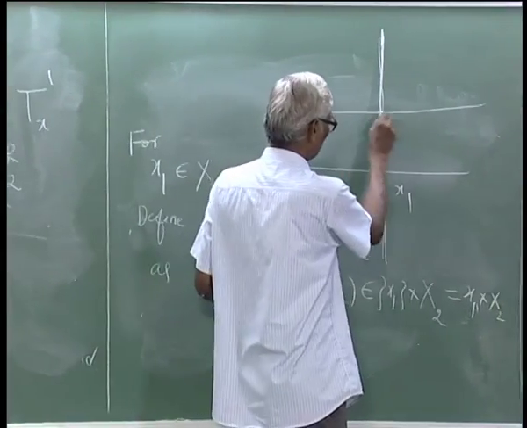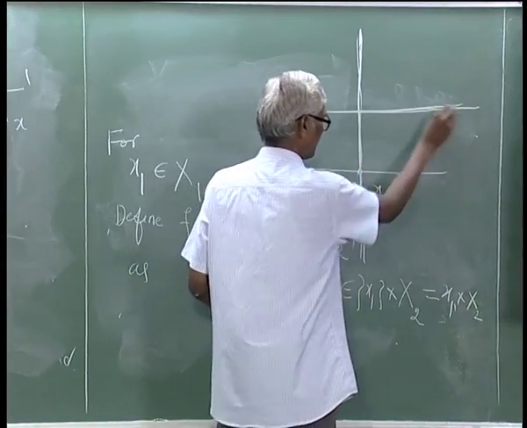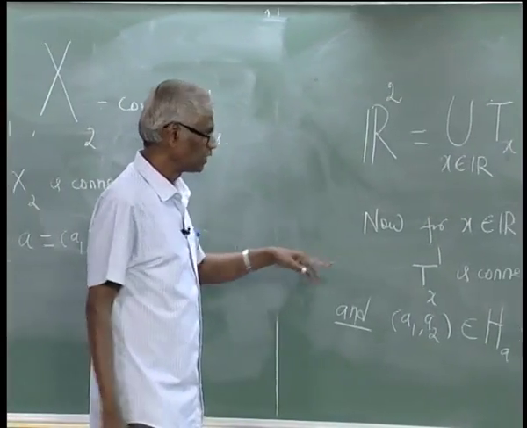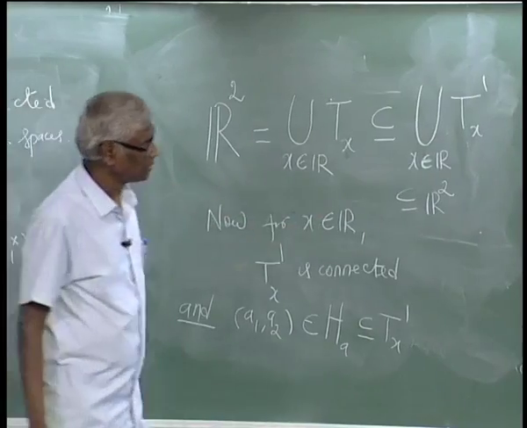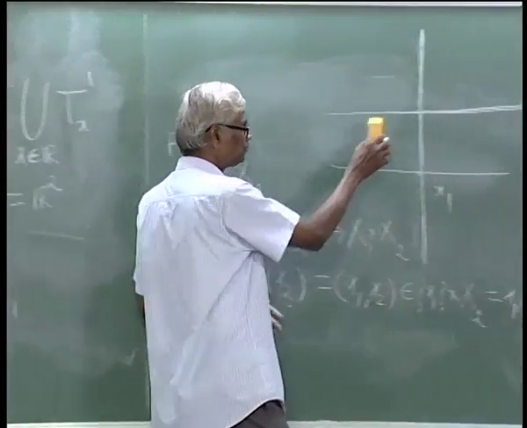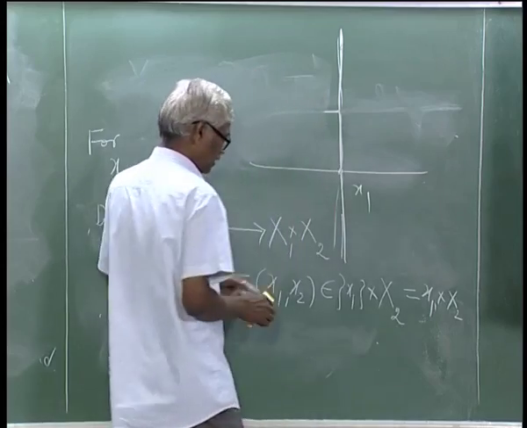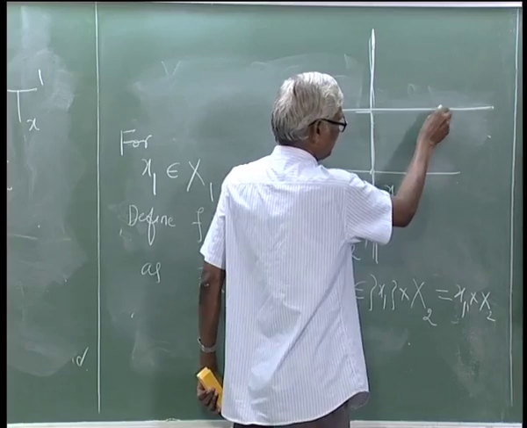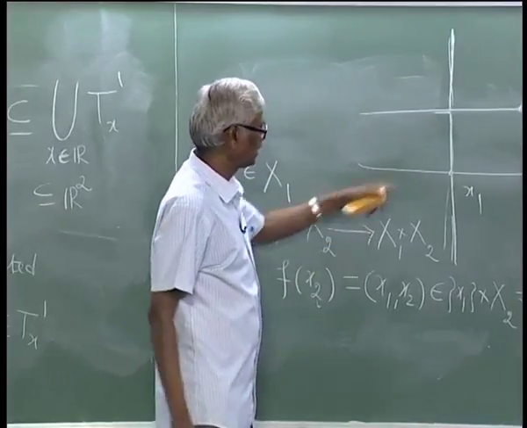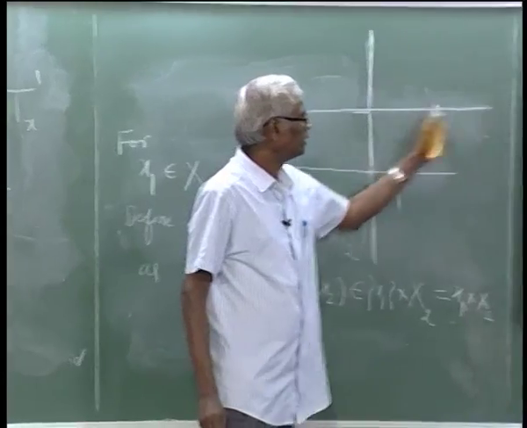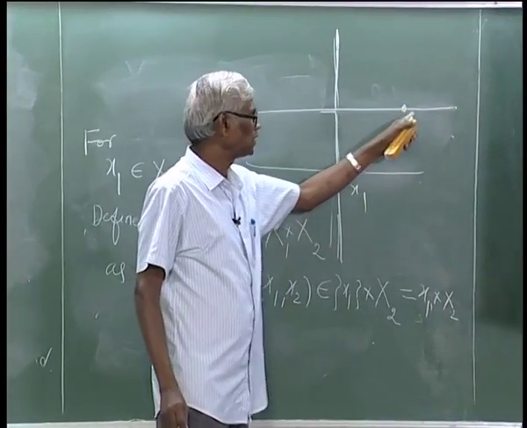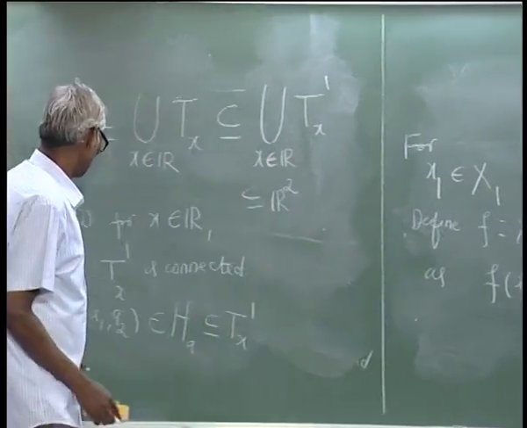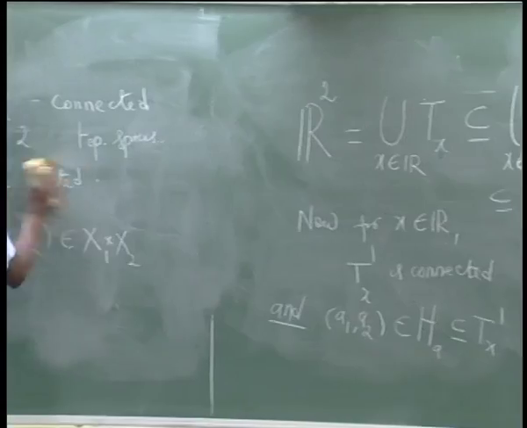And similarly you fix an element here, and this vertical, this horizontal line, and again use the same idea. So that means you will have X1 cross X2 connected, and here you are fixing an element and considering something similar to a line passing through the ordered pair (A1, A2).